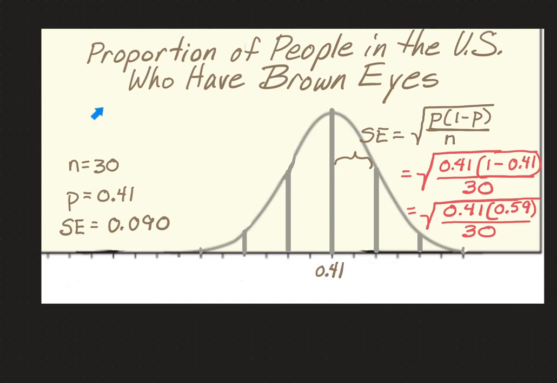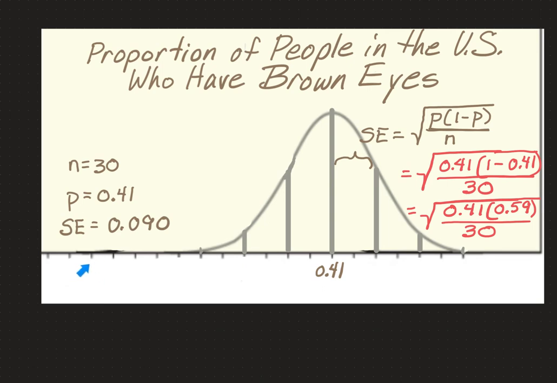The formula SE, or standard error, equals the square root of the population proportion times the quantity 1 minus p divided by the number in the sample, is the formula for the distribution of a sample proportion if and only if these are true.